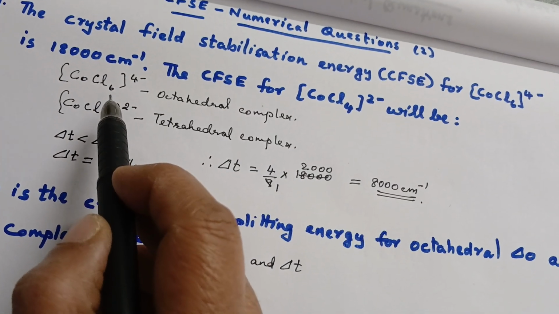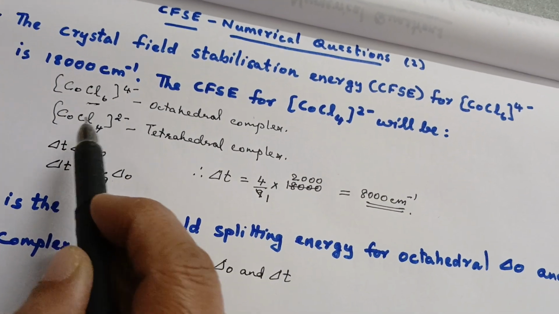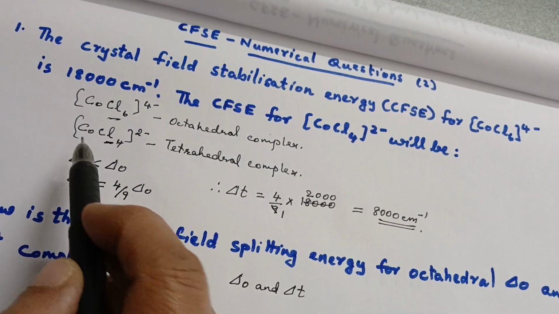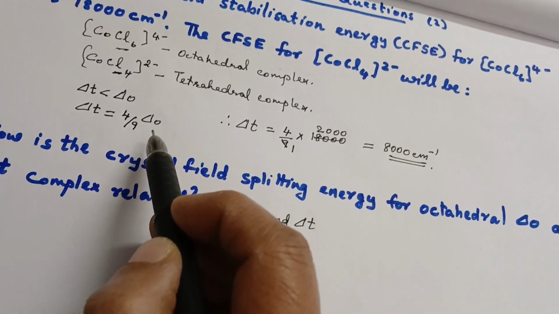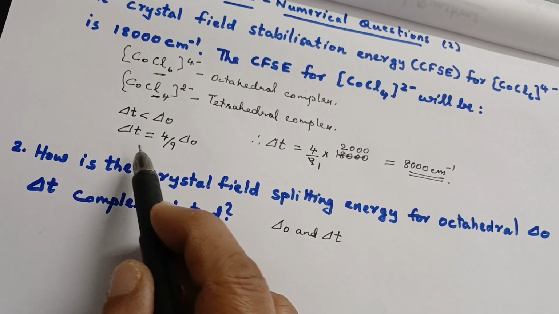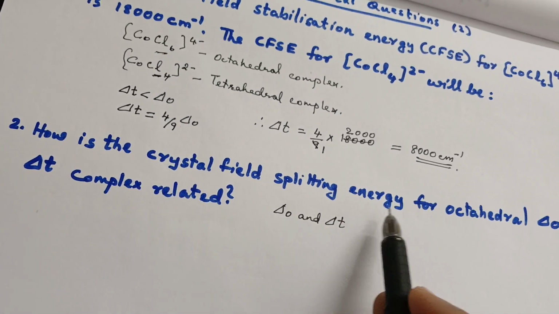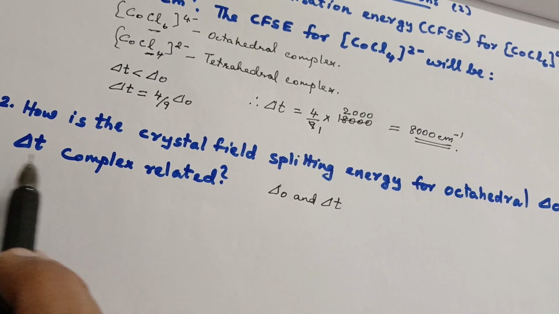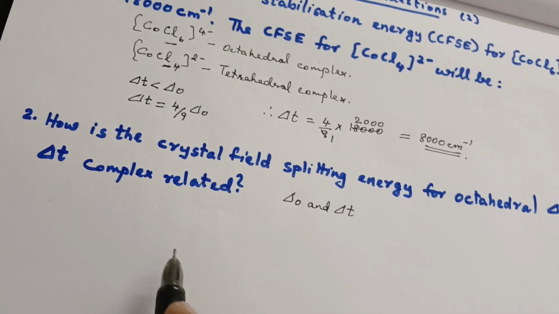Here in the octahedral complex you have 6 chloride ions and here you have 4 chloride ions. Central metal atom in both the cases is cobalt. So we can take delta T equal to 4 by 9 of delta O. Now here we have to derive this relation, that is delta T equals 4 by 9 delta O.